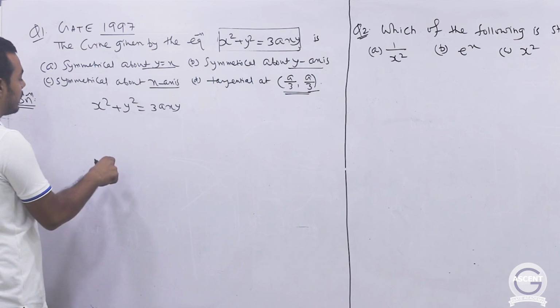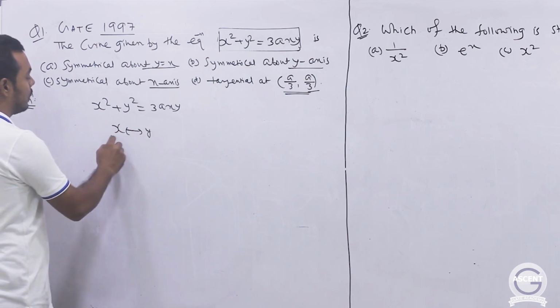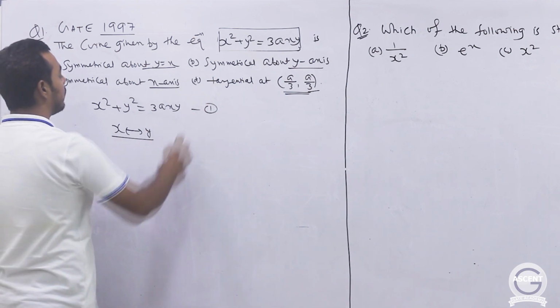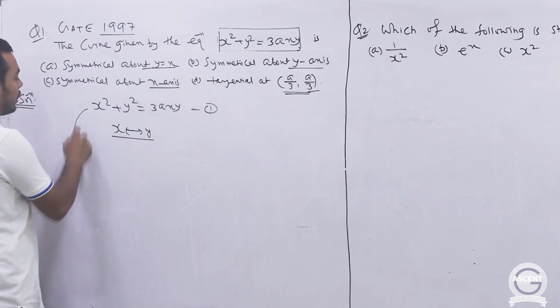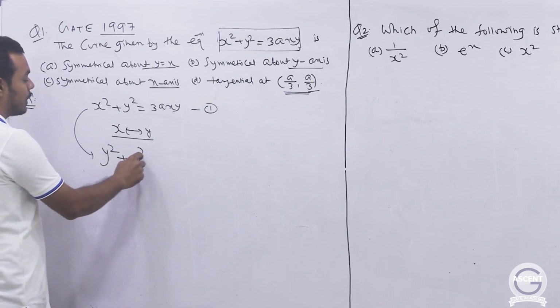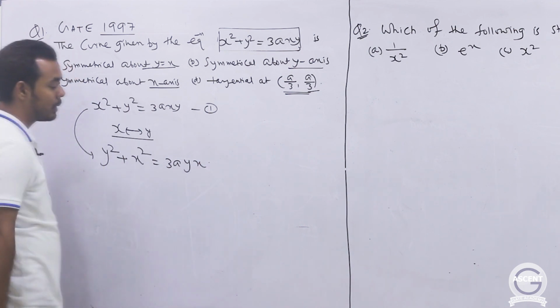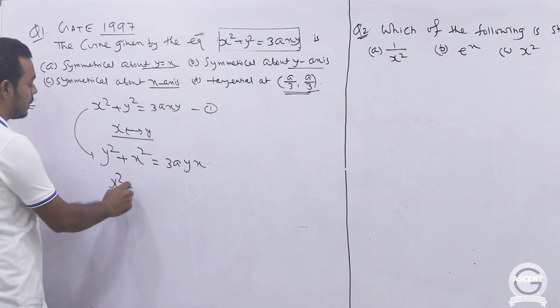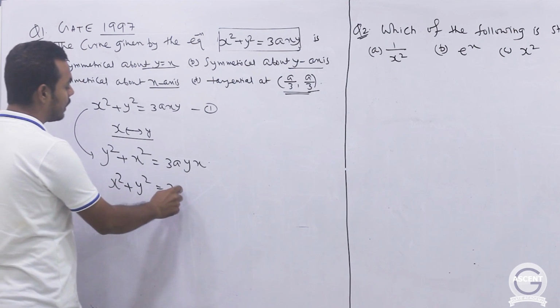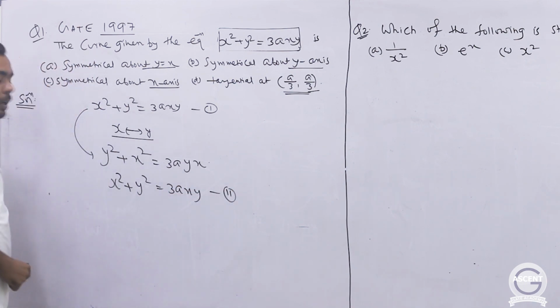In this particular example you can easily see that if you interchange x and y, this is your given equation, then you will get y in place of x and x in place of y. Now this equation can be rewritten as x square plus y square equals 3axy.